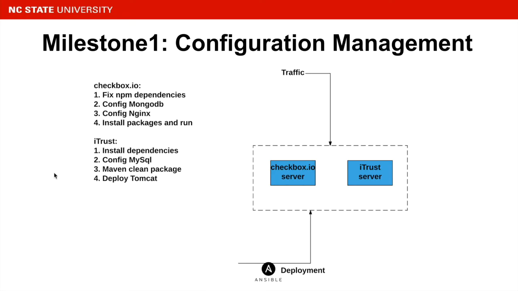In iTrust, we install the dependencies, configure MySQL with a specific password, and use Maven clean package to compile the program and package the result as a WAR file. Then we deploy this WAR file in Tomcat.